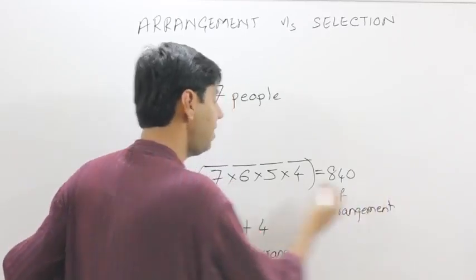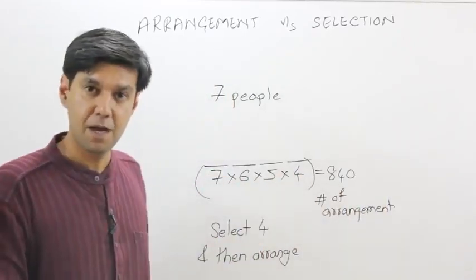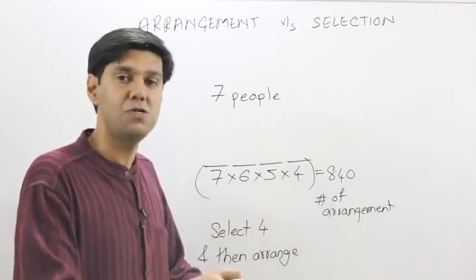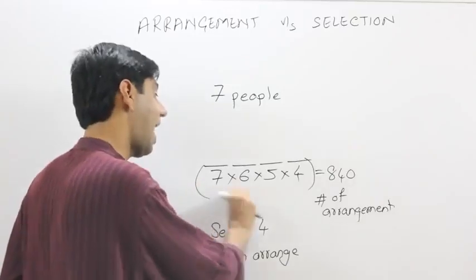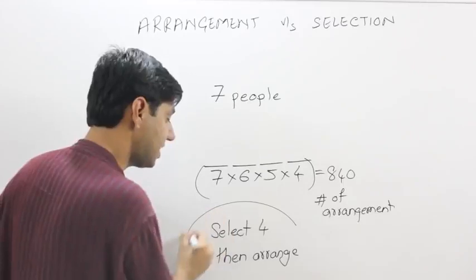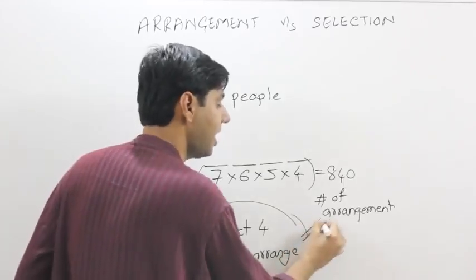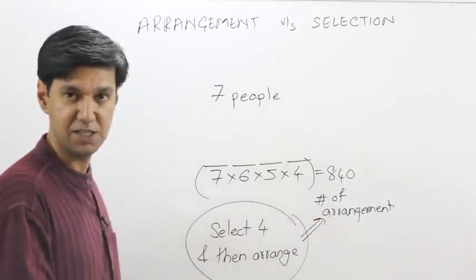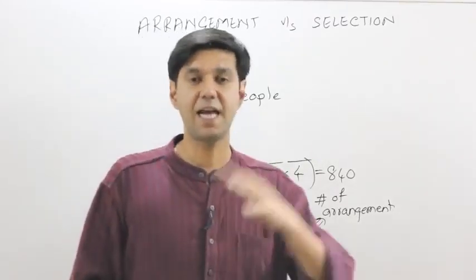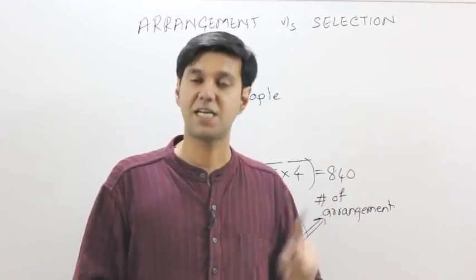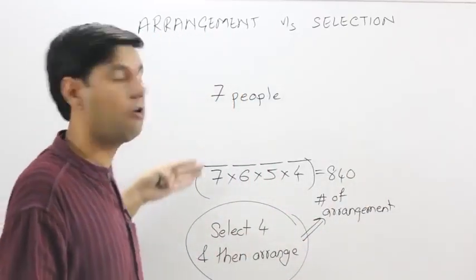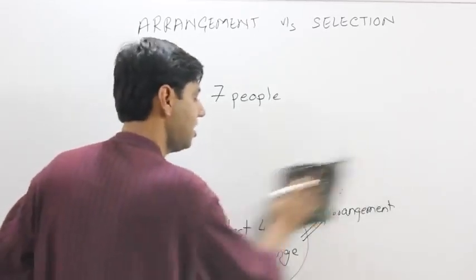In doing this process, not only have we arranged, but the process also handles the fact of which 4 are going to sit there. So when you say select and then arrange, this full thing is called an arrangement. So I would ask you to resist saying first select and arrange, and always say such a situation is nothing but an arrangement. An arrangement quite often would require a selection in it.